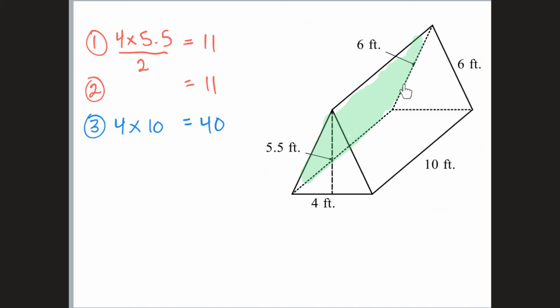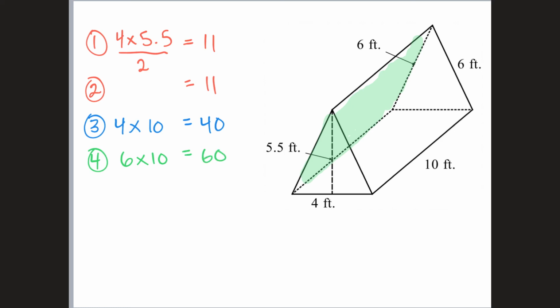That's this side right here, 6 by 10. This is 10 because that's this 10 right here. 10 times 6, 60. So we have number 4 is 6 times 10, which is equal to 60.